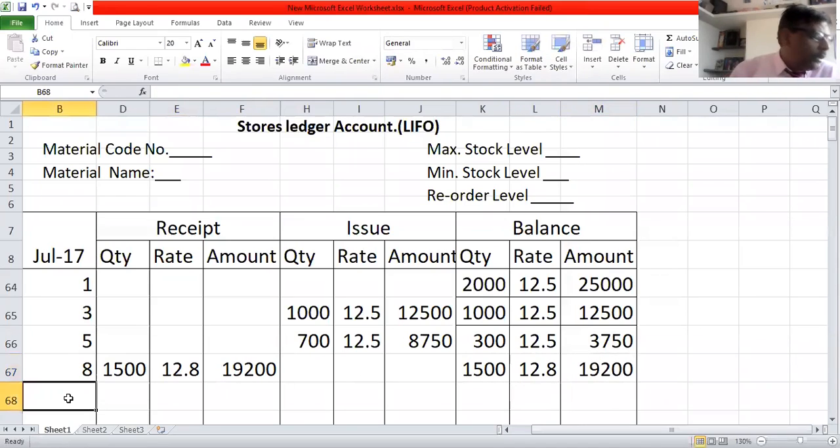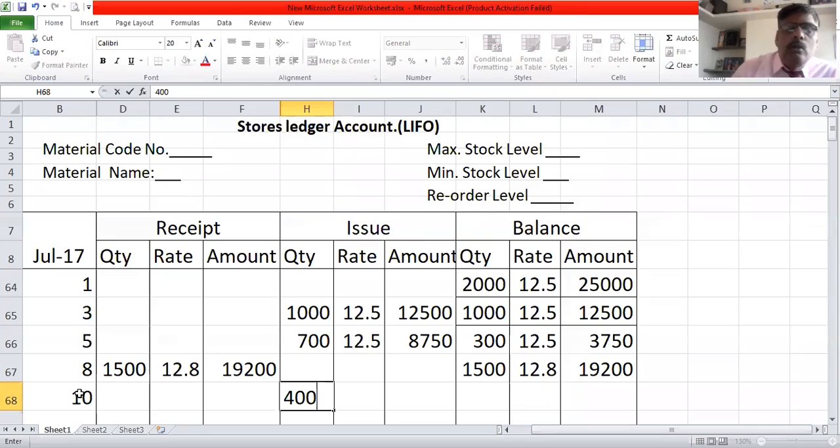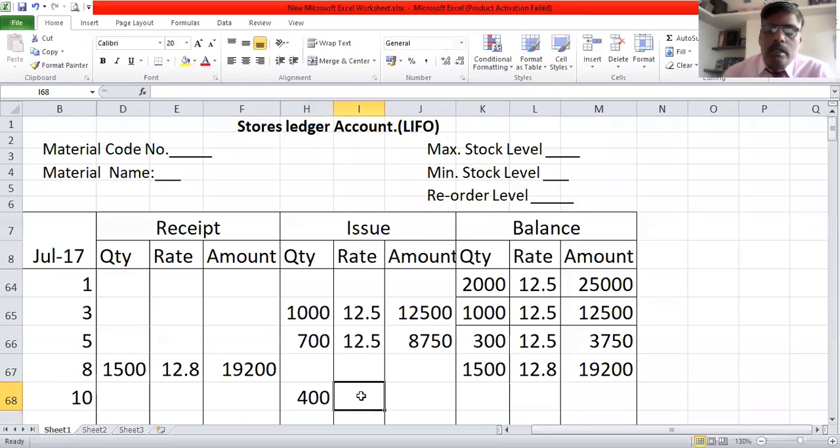After the 8th, the next date is 10th, and there is an issue. You write date 10, issue is 400 units. 400 from the last lot at the rate of 12.80 you issue. 400 into 12.8 is equal to 5,120.